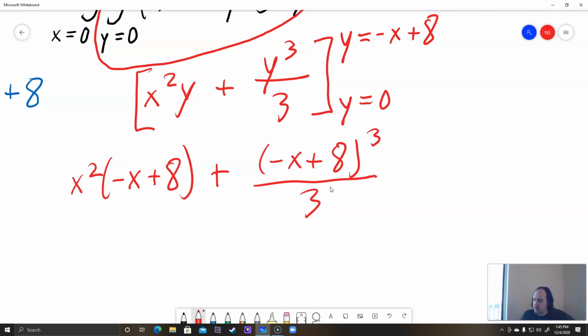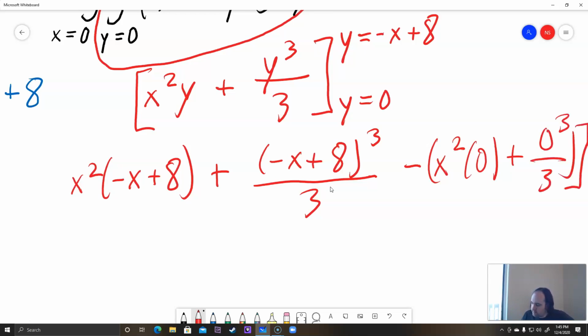Okay? And then we're going to subtract the whole function evaluated at 0. So that's going to be minus x squared times 0 plus 0 cubed over 3. Okay? But all this over here is just going to become 0. So this all becomes 0.